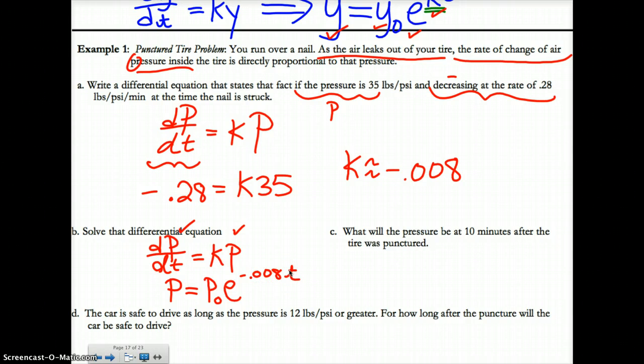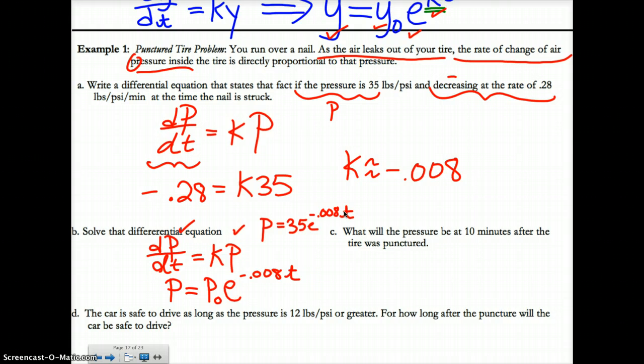Now I also know the pressure when I started, so I can clean that up a little bit and replace this with 35. So I've got P is equal to 35 e to the negative 0.008t.